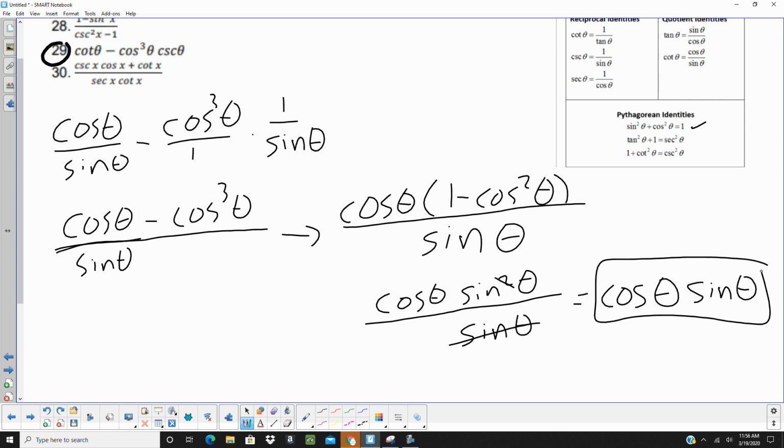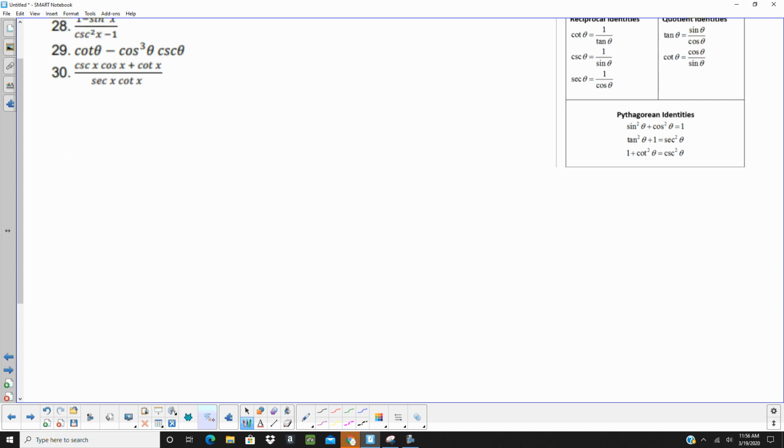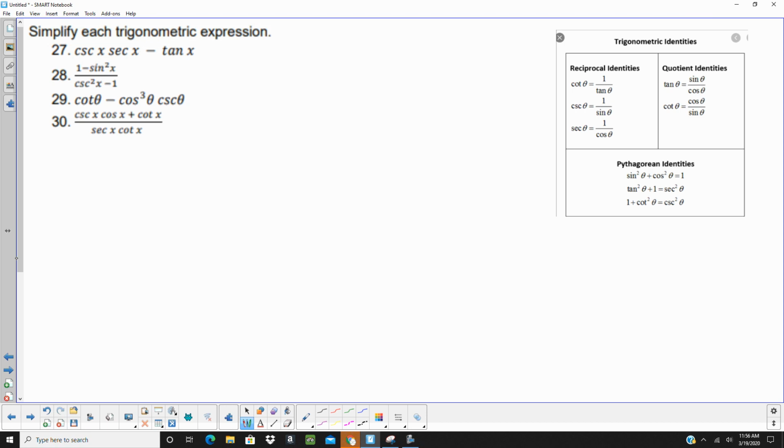All right, let's do our last one, 30. So on 30, I've got cosecant, cosine, cotangent, secant, and cotangent. All right, looks like we're going to have to do a lot of rewriting in terms of sine and cosine.